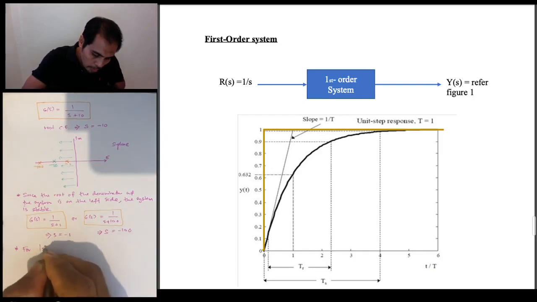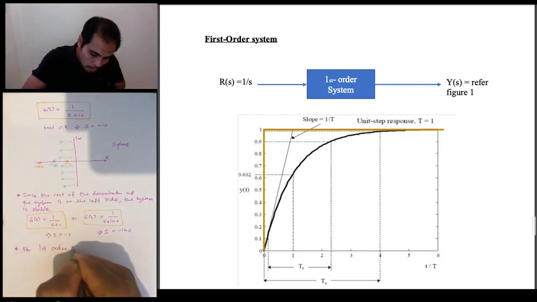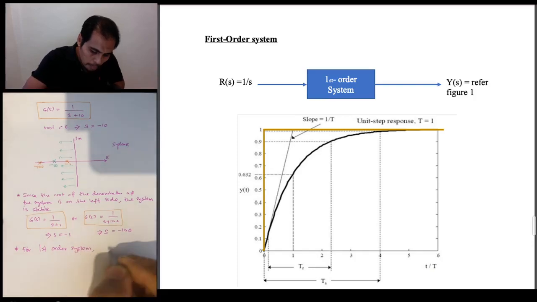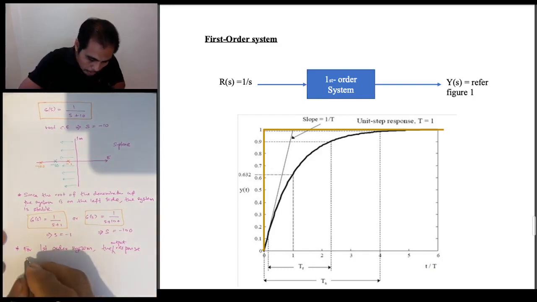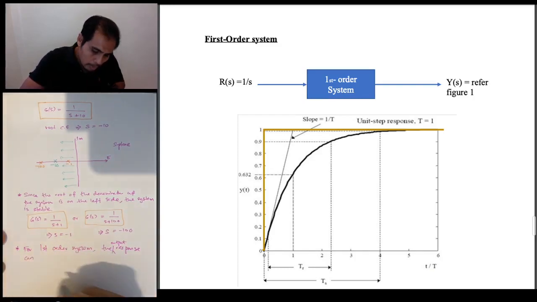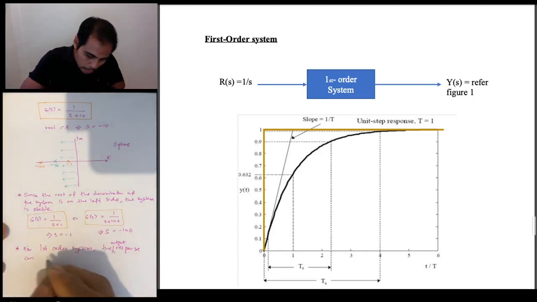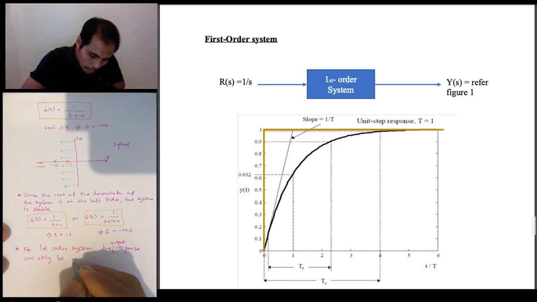For first order system, the response, the output, can only be an overdamped system.